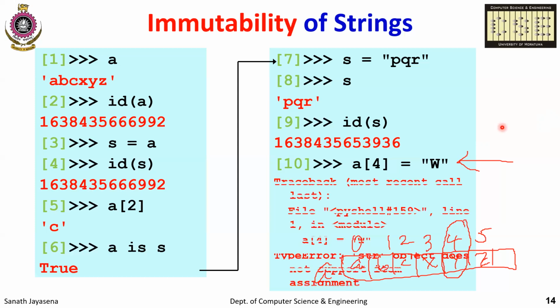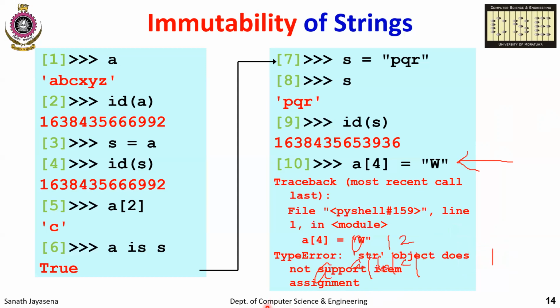Then what do you get here? Wow, right? You can see it's an error message. Let me erase this one so that you can see the error message well. It refers to this particular line and says TypeError: str object does not support item assignment.